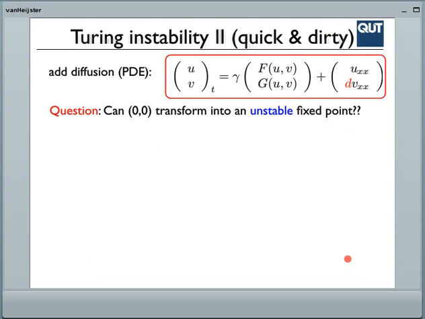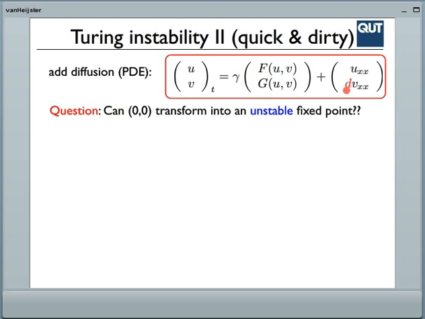So now we add diffusion. We add the diffusion to this equation, which we have added over here. And as it will turn out, the diffusion cannot happen with the same constant. So we need to add this red D over here, because otherwise we will not be able to create Turing patterns. Now the question is, by adding this diffusion, can we transform our fixed point to become unstable?